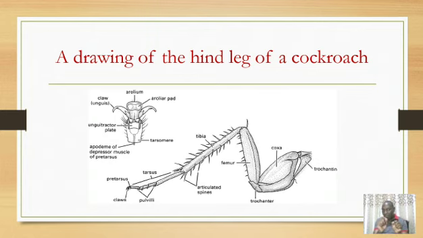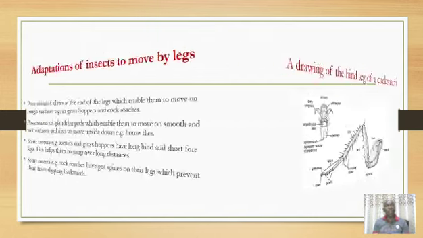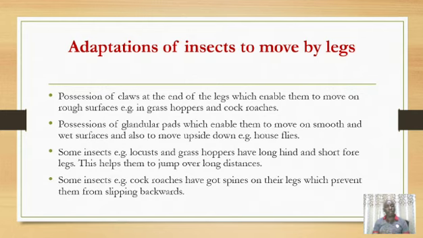Now just at the point of the claws, you're seeing a swelling. When you look at the upper drawing, in the middle of the 2 claws, we have that structure we are calling the aroleum or the glandular pad. Glandular pads enable the insects to move on smooth surfaces.